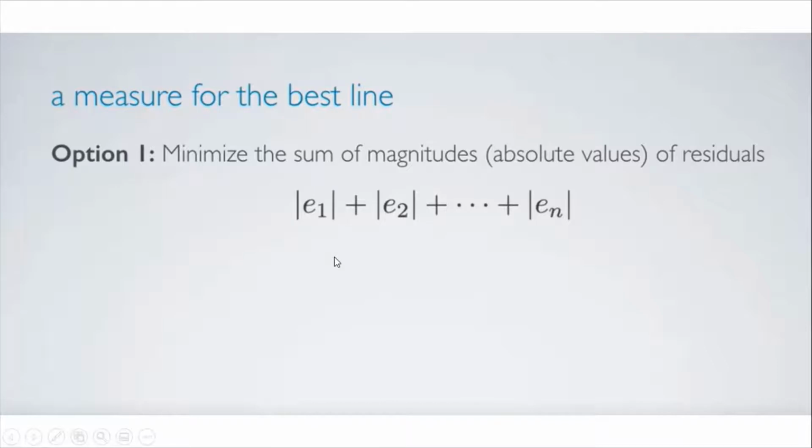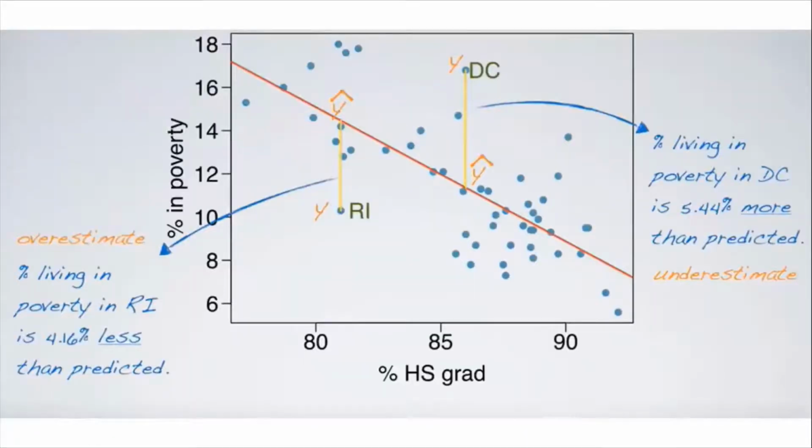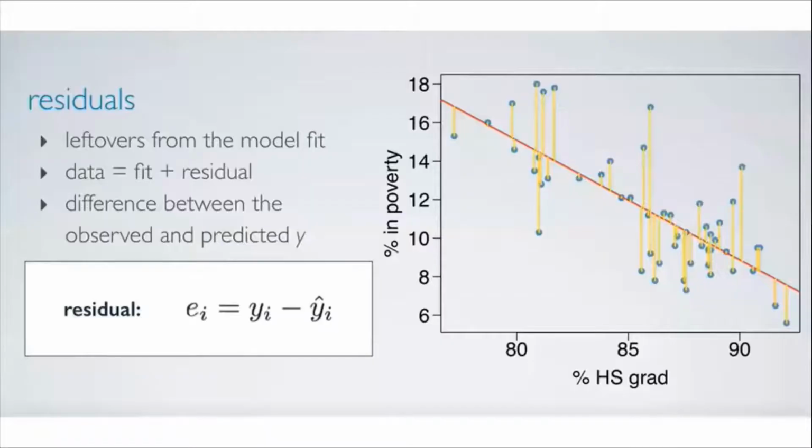But the problem is, based on this formula, we always subtract the predicted value from y, the observed value.